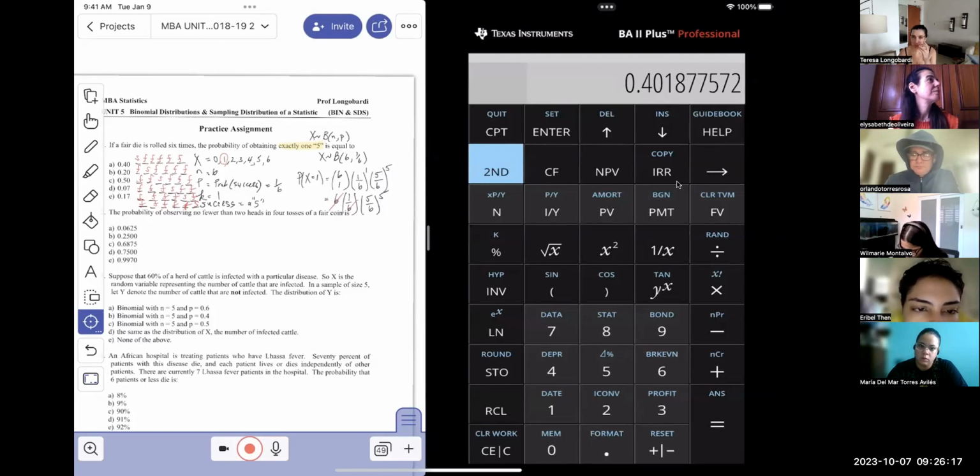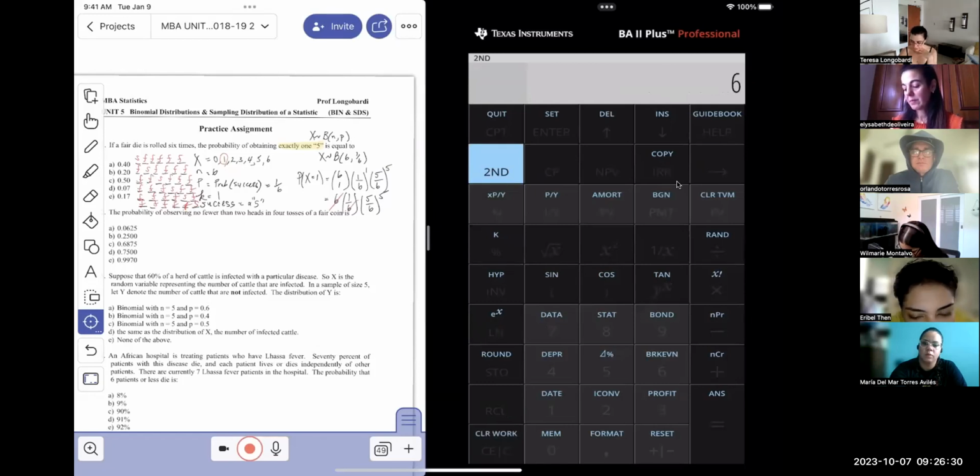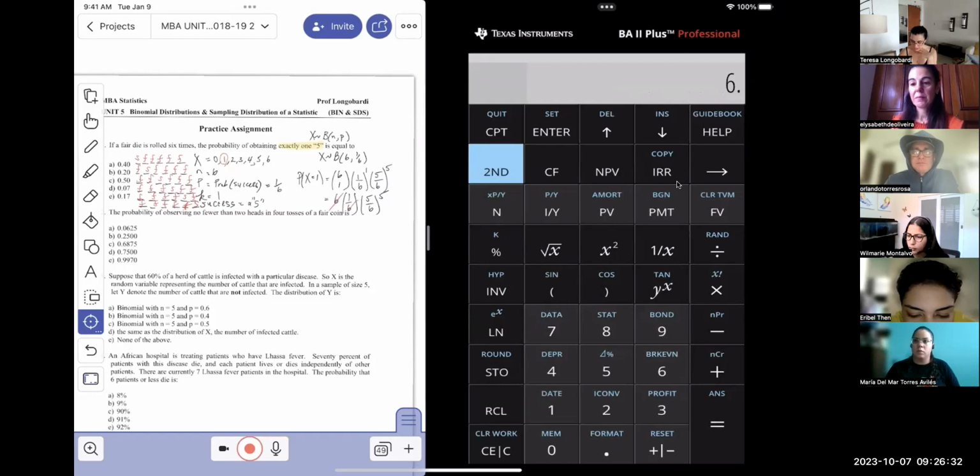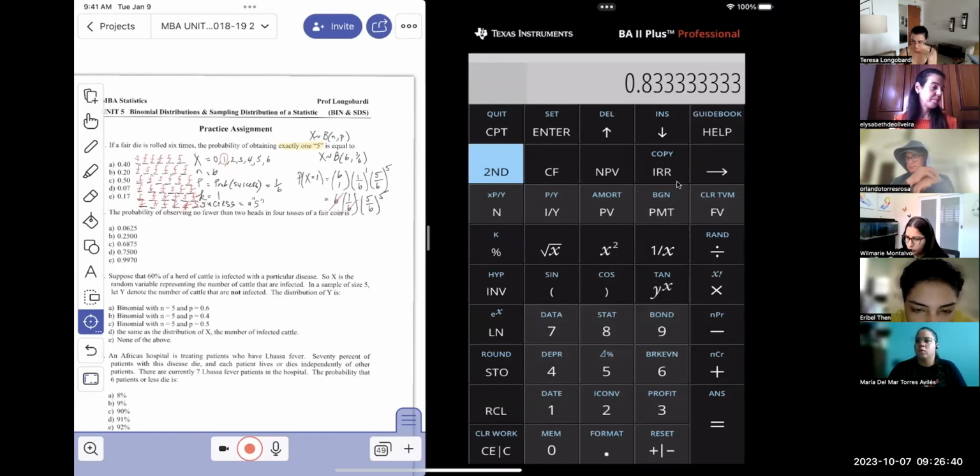So that's how you would plug it into this calculator, or a calculator that observes order of operations. So 6, second function NCR, 1, equals, times inversion of 6, times bracket 5 divided by 6, close my bracket, raised to the power 5.